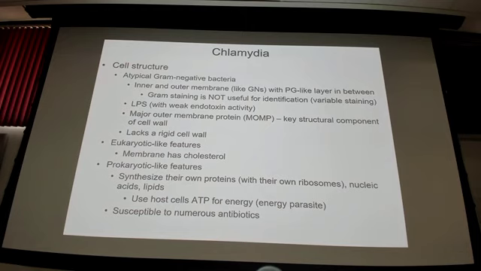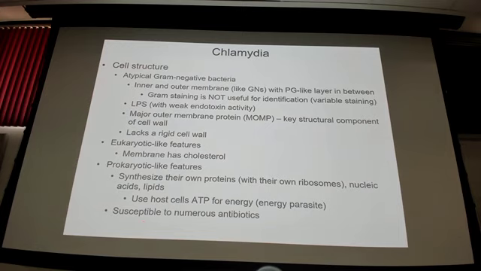Which ones target the 50S, the big one? Macrolides and lincosamides, right? And then the small one is tetracyclines and aminoglycosides, right? So those work just fine on these guys. Fluoroquinolones also work well on these, just FYI. What do fluoroquinolones target? DNA gyrase. Yes. Okay.